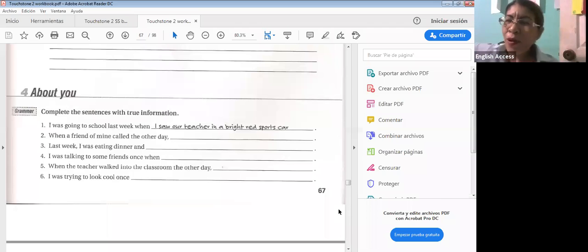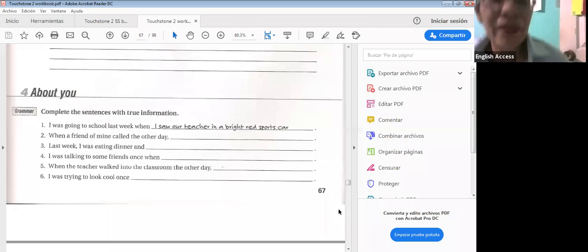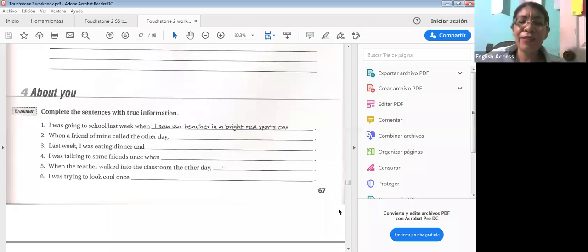So the teacher walked into the classroom. I mean, the teacher arrived into the classroom. So what were you doing when the teacher arrived into the classroom? What were you doing when the teacher got into the classroom?